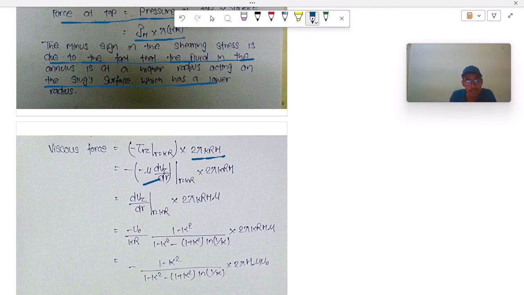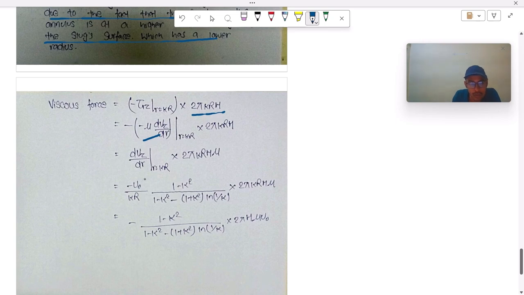So that's why we directly use the expression minus mu times dvz upon dr at r equal to kappa R, times the cross-sectional area. So here, on doing the calculations, dvz upon dr at r equal to kappa R is given by 2 pi kappa R h times mu.